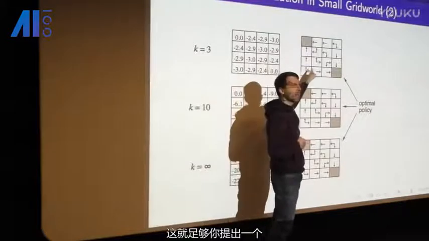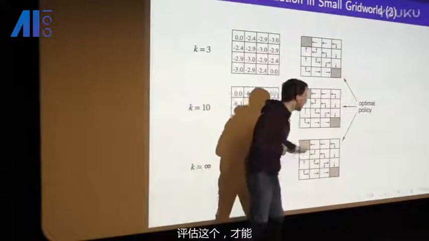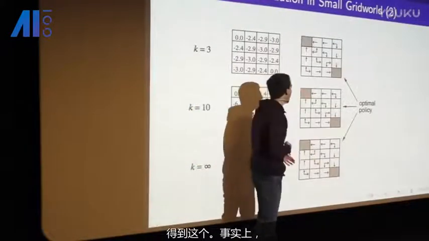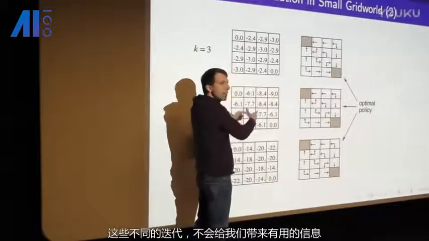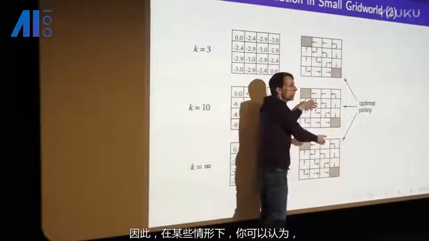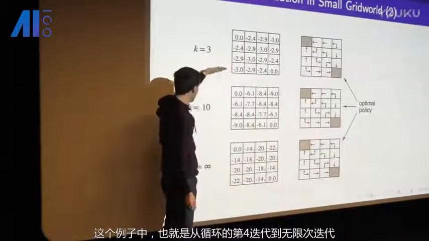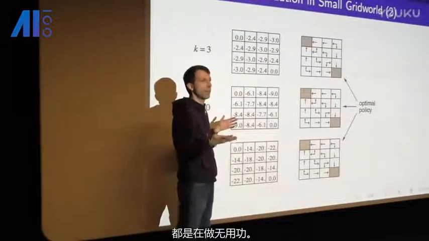That was already enough to come up with a much better policy. We didn't need to evaluate this thing perfectly and then act greedily with respect to it. In fact, all this additional work gained us nothing. All these different iterations gave us zero information when we actually took a greedy step. We ended up with the same policy. So in some sense, you can think of iterations 4 to infinity of our inner loop as being wasted work.